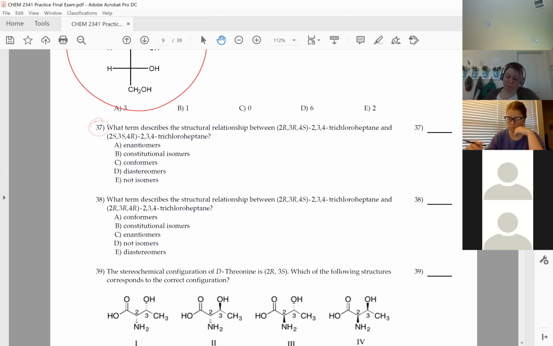So what term best describes the structural relationship between 2R,3R,4S-2,3,4-trichloroheptane and 2S,3S,4R-2,3,4-trichloroheptane? The first thing that I would want you to note is that they're both 2,3,4-trichloroheptane, right? So what answers can we definitely get rid of?